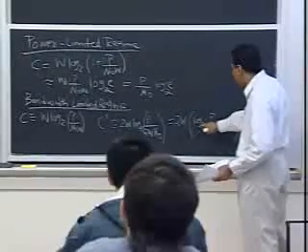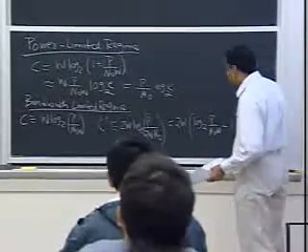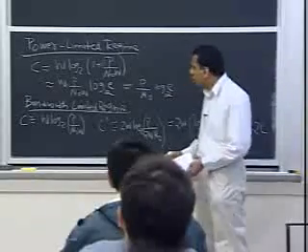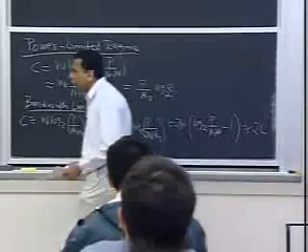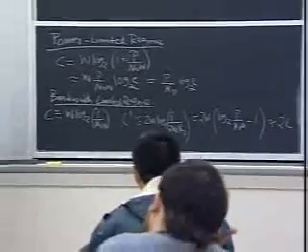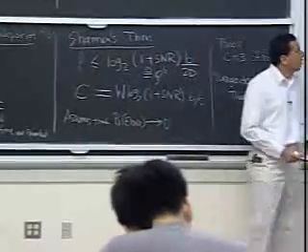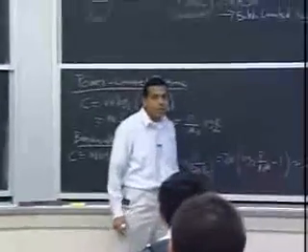So I get 2W log2 of P over N naught W, or equivalently 2C. So in other words, in the bandwidth limited regime, if I increase my W by a factor of 2, the capacity approximately increases by a factor of 2. So that's what motivates the name bandwidth limited regime.